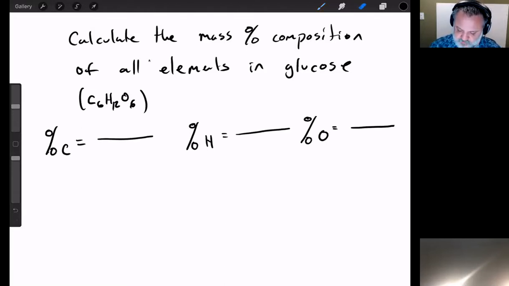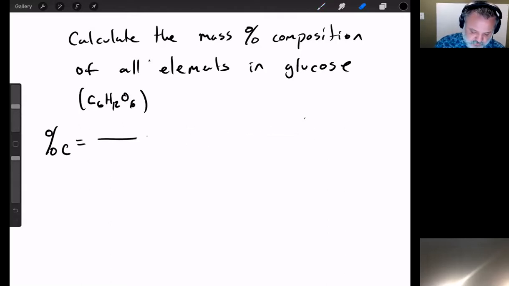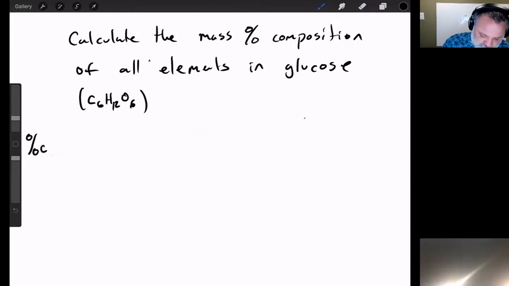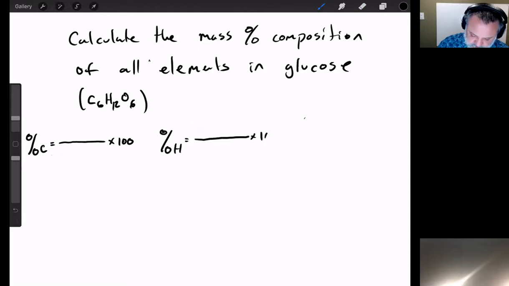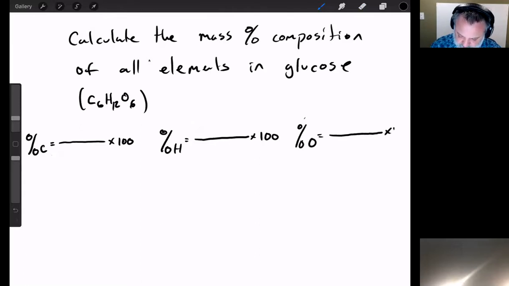So what I want you guys to do right now is add up the molar mass of glucose. I'm going to just rewrite this to get some more room. So go ahead and take some time right now and add up the molar mass of glucose. Take those 12 hydrogens, the 6 carbons, and the 6 oxygens, and add them all up, and let's see what we get.